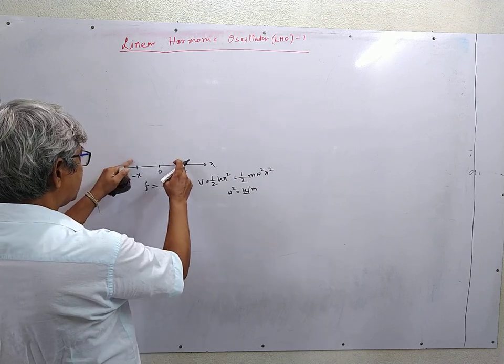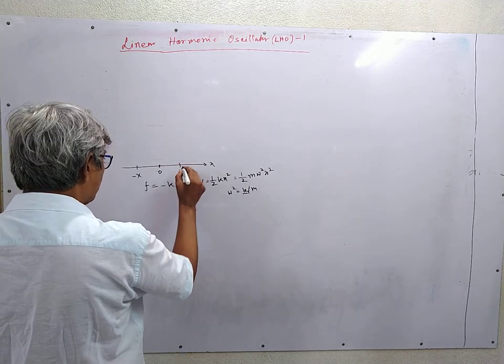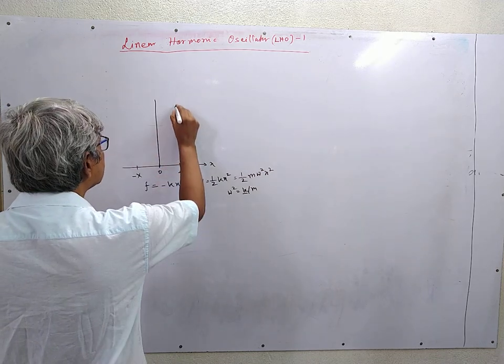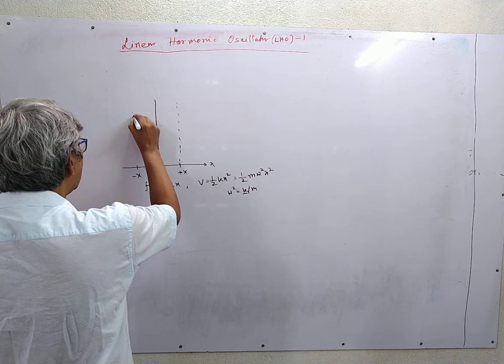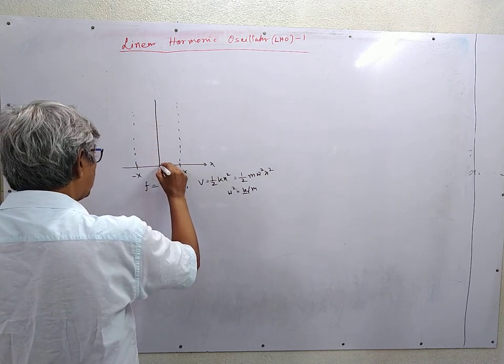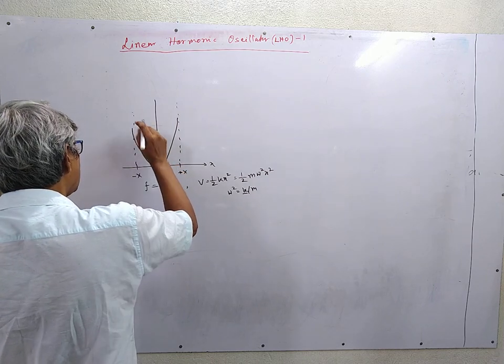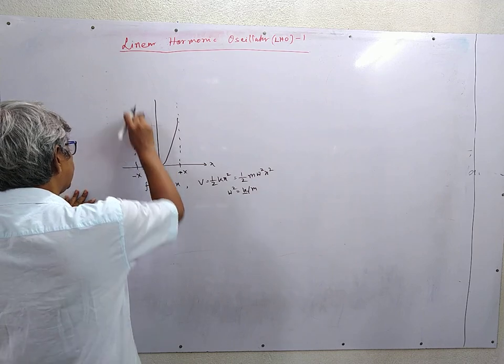The particle moves to and fro between plus minus x. The range x increases with increasing energy, and if we like to draw the energy diagram, the potential energy is a parabolic function. It should be a symmetric one.